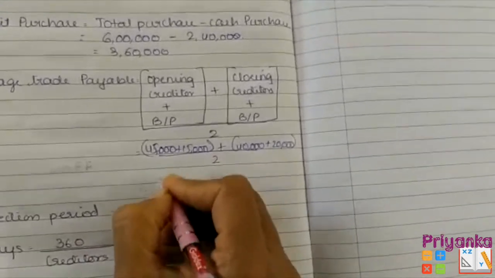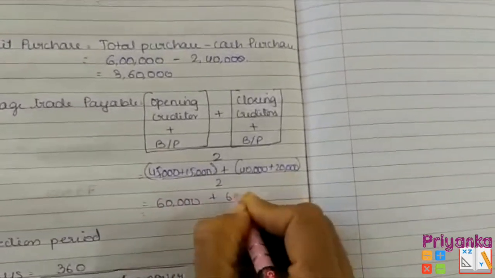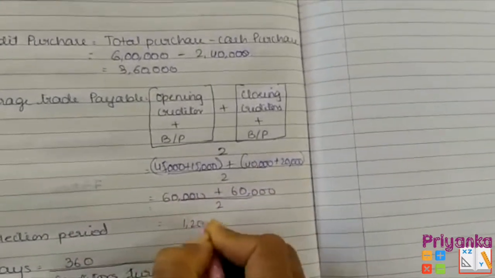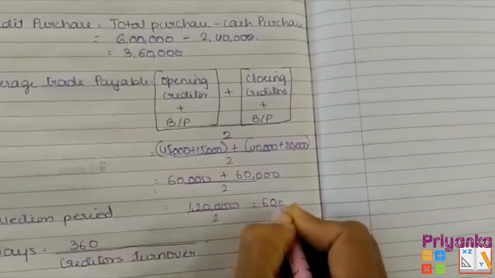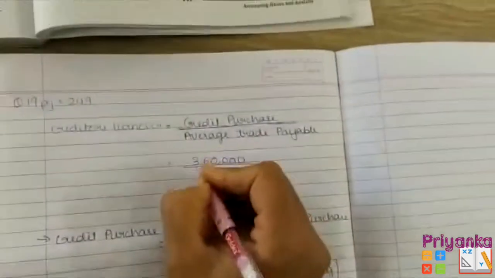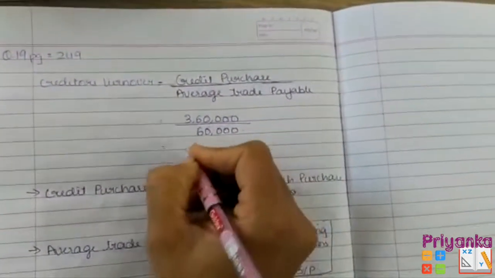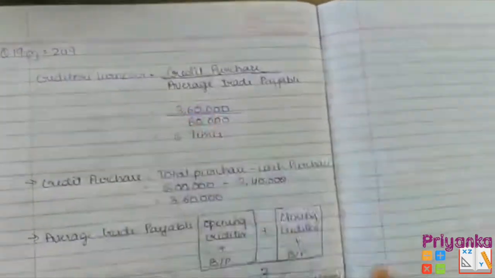Here we'll get 60,000 plus 60,000, divided by 2 comes to 1,20,000, and the answer is 60,000 of average trade payable. So here I kept 60,000, and if we calculate, it comes to 6 times creditors turnover.